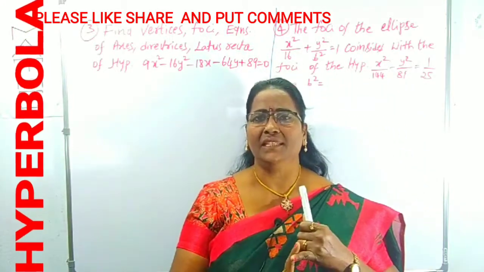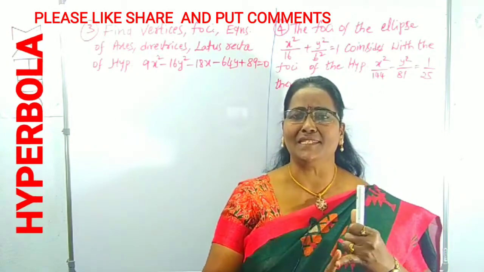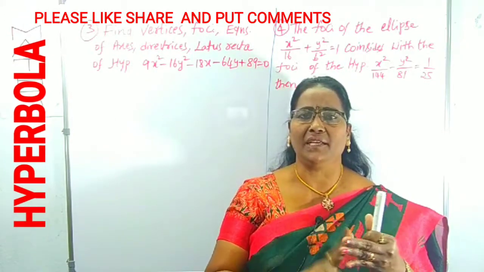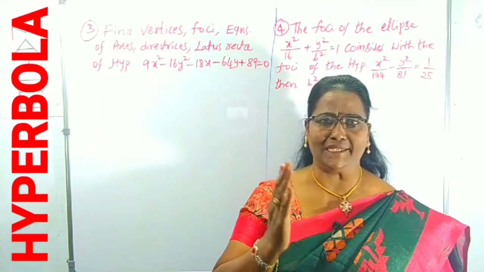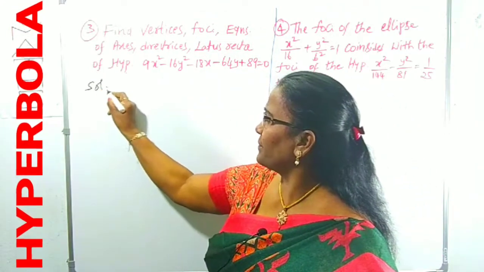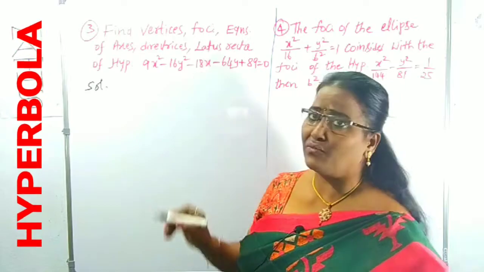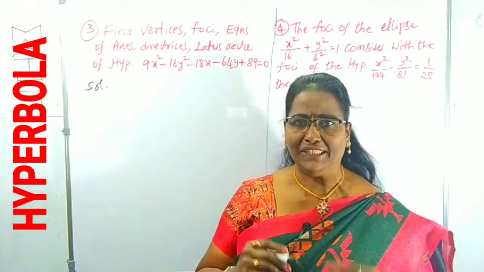Basically, for either a transverse hyperbola or a conjugate hyperbola, you have to first find the center, eccentricity, and a square, b square, then we can find the required contents, right? Now here we have 9x square minus 16y square. First you can find the center. For the center, what do you have to do? Differentiate.